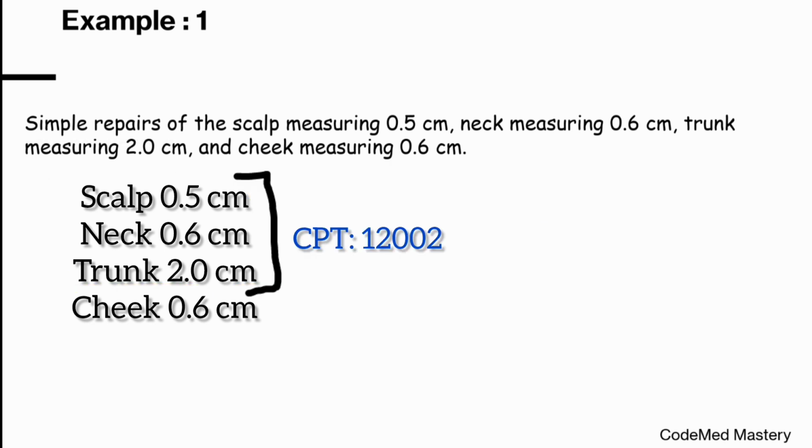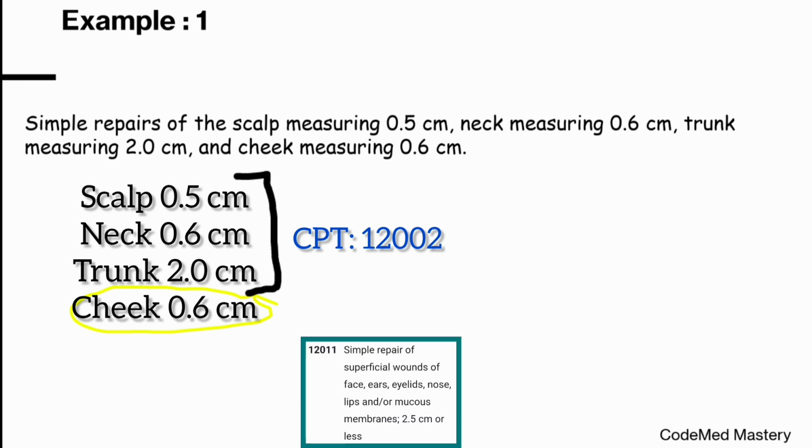Next, we have to code for cheek. It is measuring 0.6 cm. Therefore, we'll code 12011. That is, simple repair of superficial wounds of face, ears, eyelids, nose, lips or mucous membranes, 2.5 cm or less. Cheek is a part of the face, right?